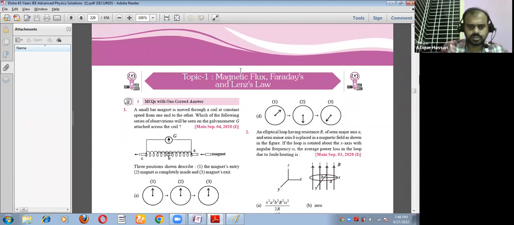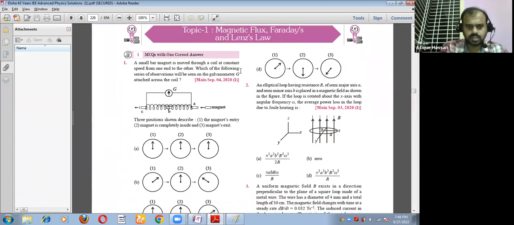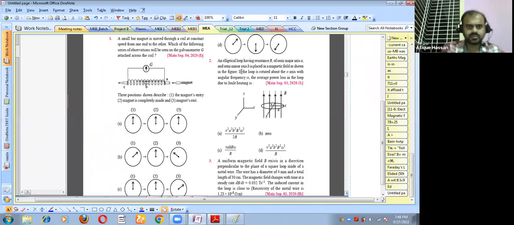So let us see first. The question says that a small bar magnet is moved through a coil at constant speed from one end to the other end. Which of the following series of observations will be seen on the galvanometer attached across the coil?